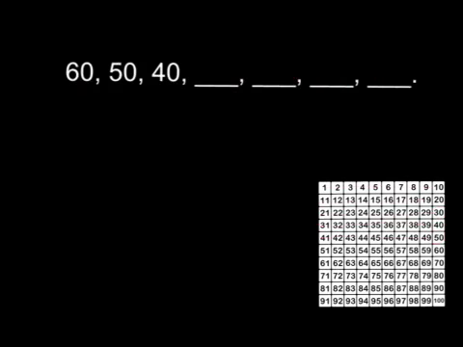Okay, let's have a look at this one. So the first number is 60, then 50, then 40. Oh, that skipped 9 and then landed on the 10th one. Skip 9, landing on the 10th. Skip 9, land on the 10th, so that's 30. Oh, I can see a pattern.